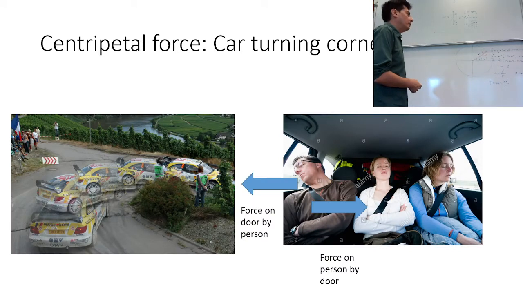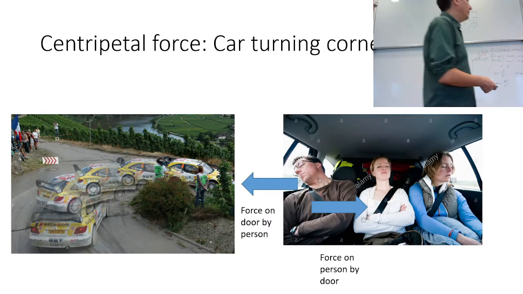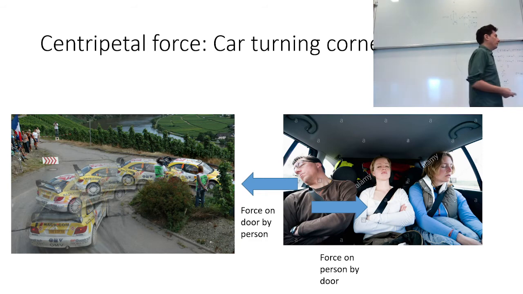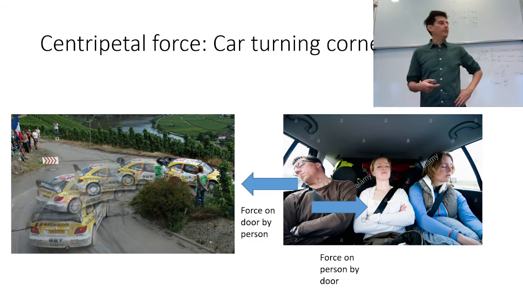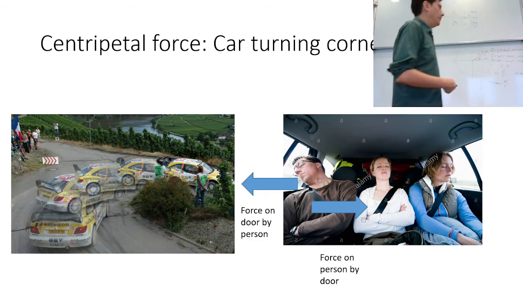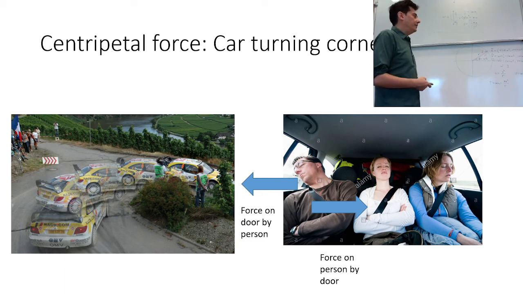So just a couple of examples of this. Maybe the most common example that you might experience in daily life is if you're in a car and you're turning a corner.